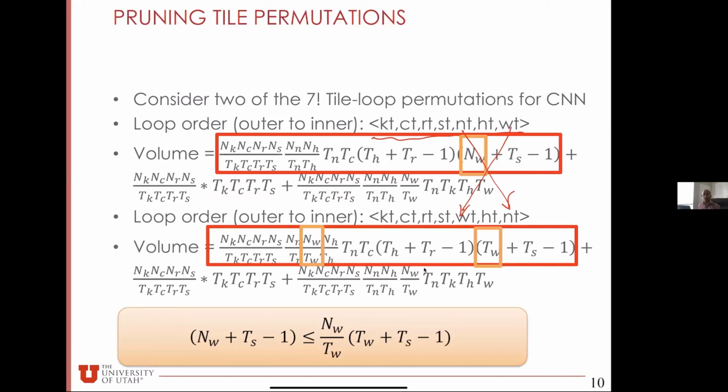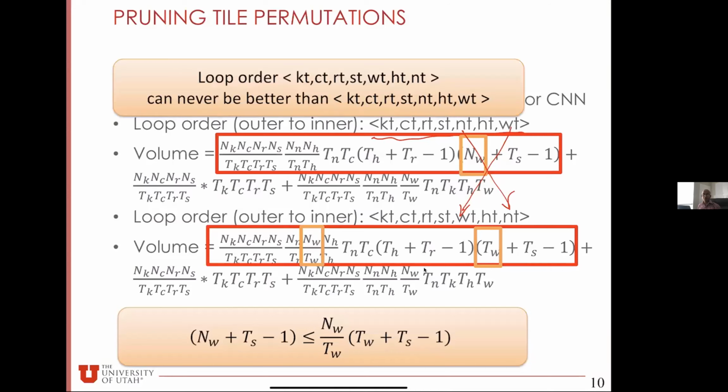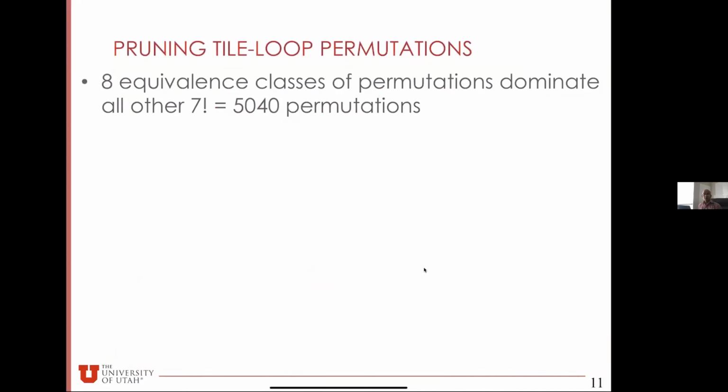It turns out that out of the 5,040 possible, 7 factorial, permutations, you derive the expression for each one of them. The vast majority of them can essentially be pruned away. So in this particular example, we can conclude that one of these loop orders can never be better than the other one, and therefore we will never need to consider it.